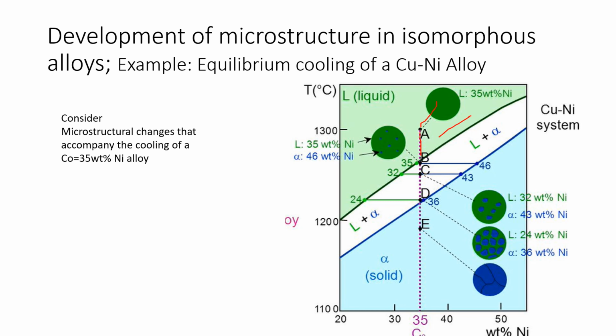As soon as point B is reached, the temperature at point B is approximately 1260 degrees centigrade.